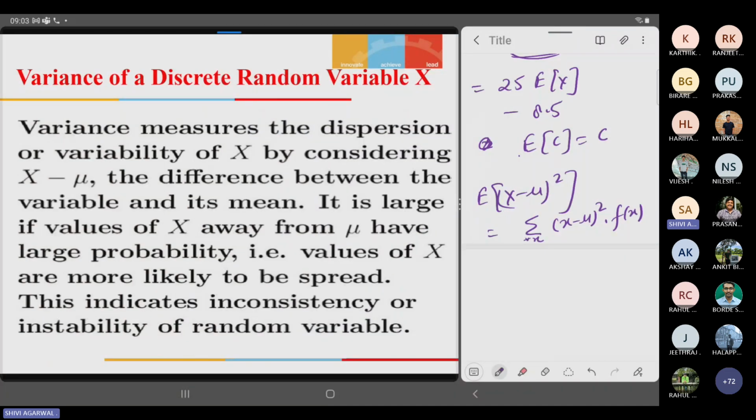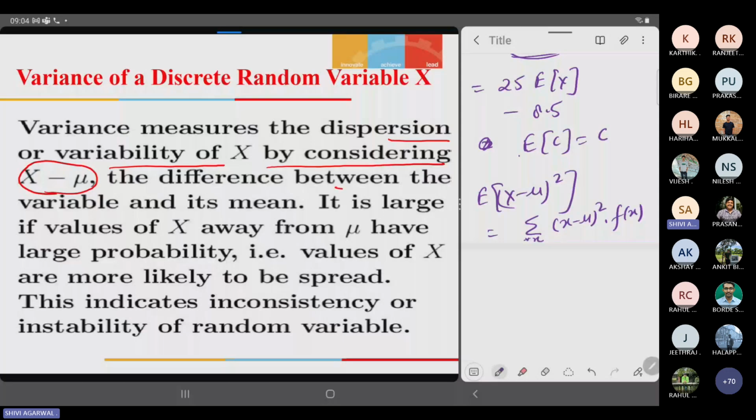Now we are saying that variance measures the dispersion or variability of x by considering x minus mu. Somewhere it is negative, somewhere it is positive. So we do not emphasize the sign. We just want the amount, how much variation there is. We are not looking at negative or positive variation, just how much variation. That's why we take the square of it, just to take the amount.